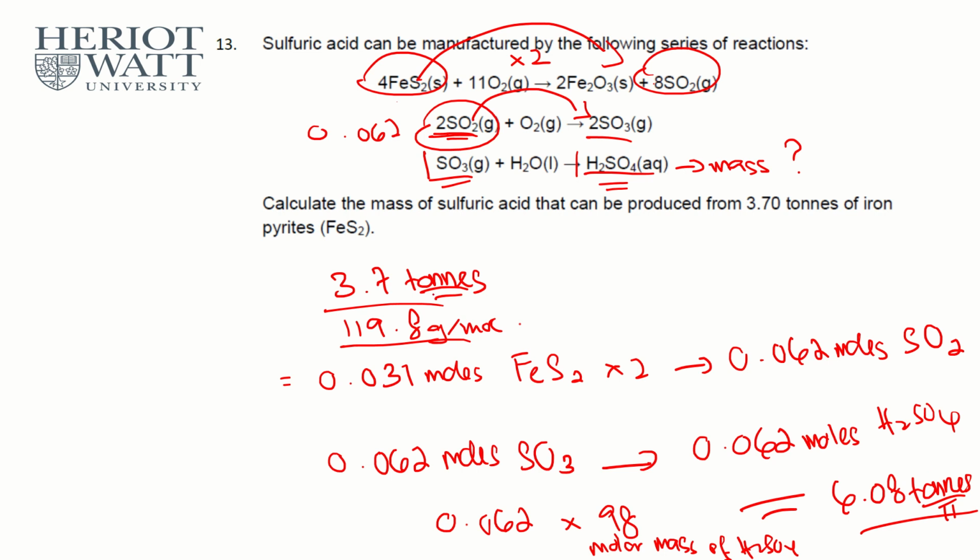If you don't convert it, then at the end we get back ton. When you divide by a molar mass and times a molar mass again, although it's a different compound, you get back the same unit. You get it? So if you choose to be in tons, there's no point converting, because at the end of the day you still have to convert it back into tons. So might as well do it in tons to get the mole, and from the mole it's just a ratio, and then you will get the tons at the end for your answer. Hope you can get that.